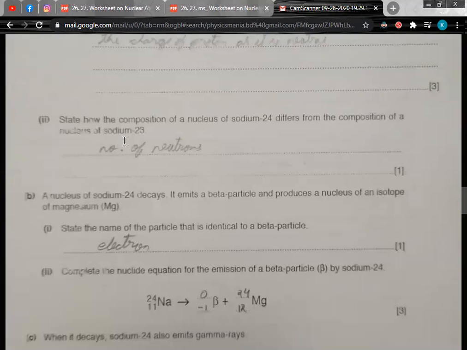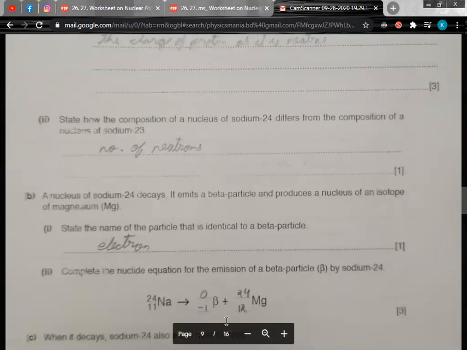State the specific composition of a nucleus. Make the answer you wrote more specific. How, sir? You are saying the number of neutrons, one more.